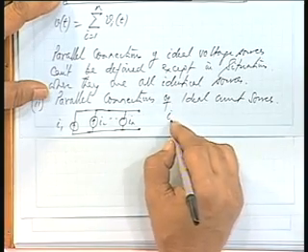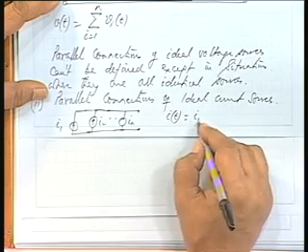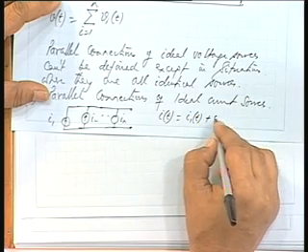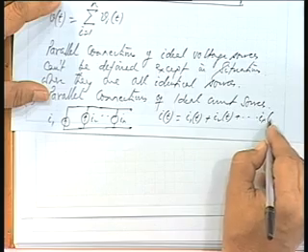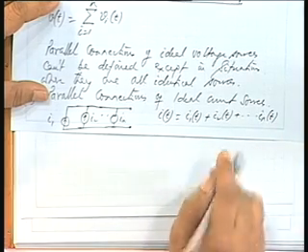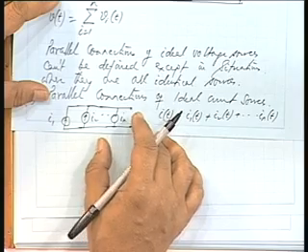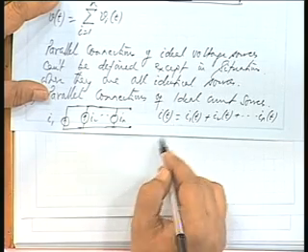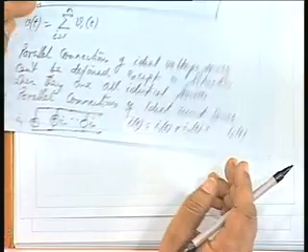The net current IT will be I1T plus I2T and so on. So, current sources, if they are put in parallel, will give rise to an equivalent source which will be equal to I1 plus I2 plus I3 and so on.